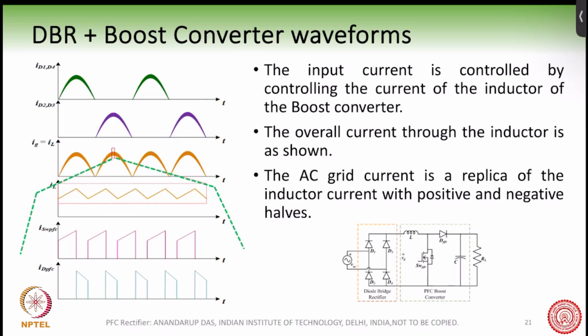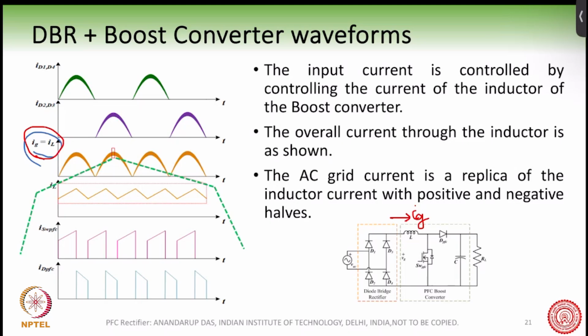You see here IG, this is the current which is flowing. IG is equal to IL, the inductor current as well as the rectified grid current.